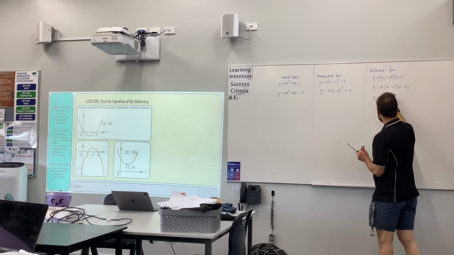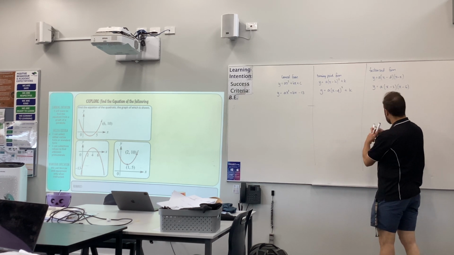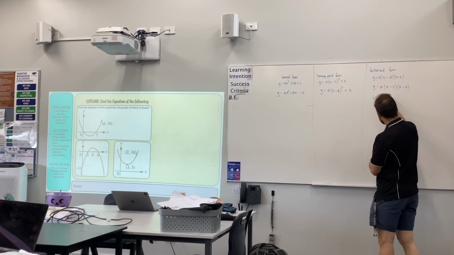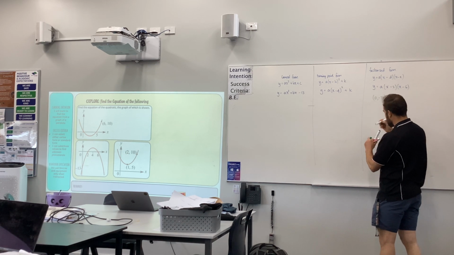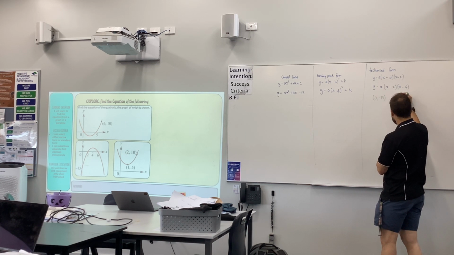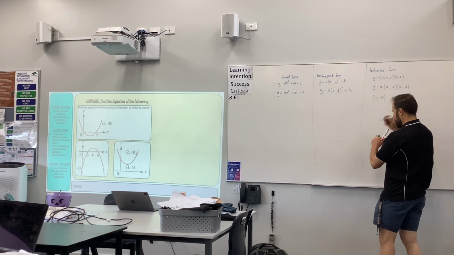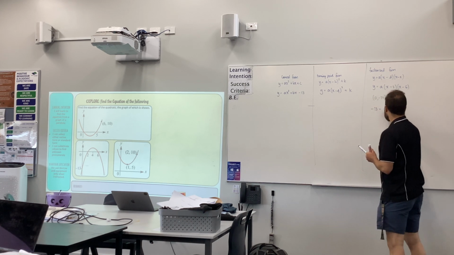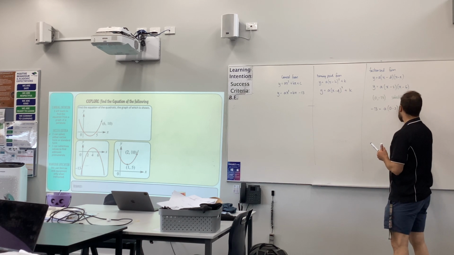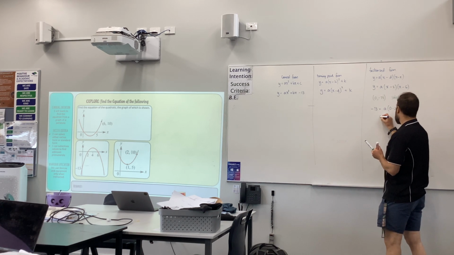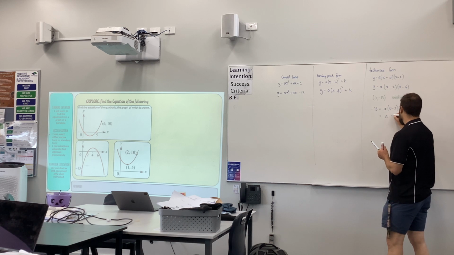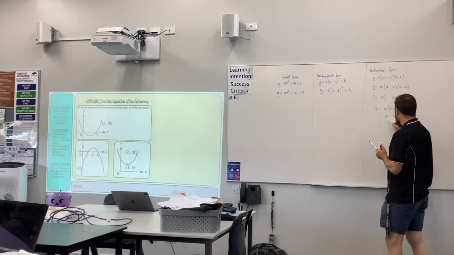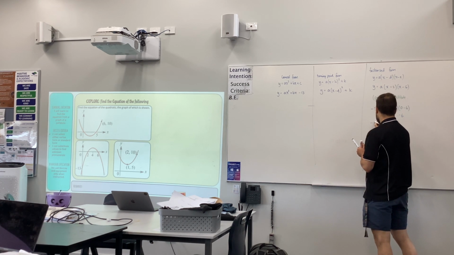We've got the y-intercept. So we now know the point when x is 0, y is negative 13. We're going to substitute this in. So that will become negative 13 equals a times 0 minus 2 times 0 minus 6, which is a times negative 2 times negative 6, which is positive 12a equals negative 13.